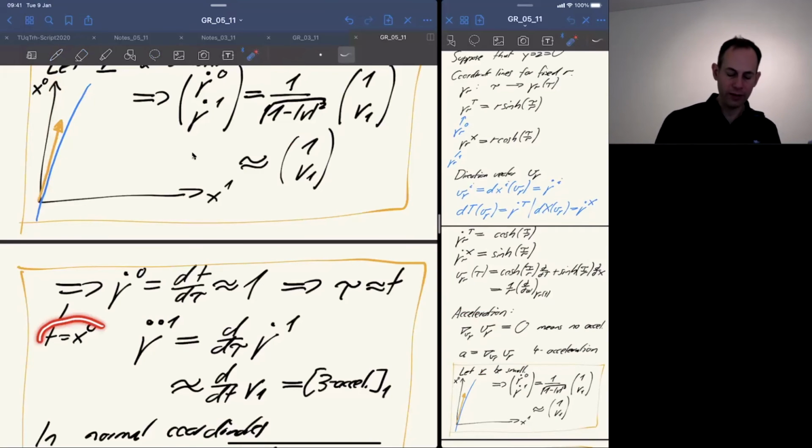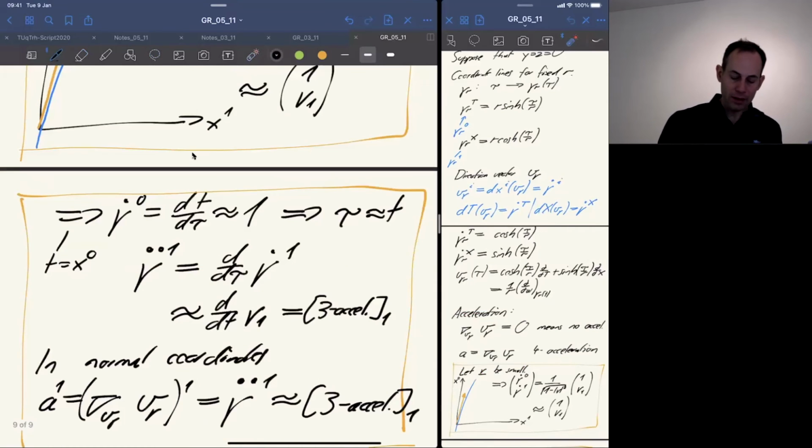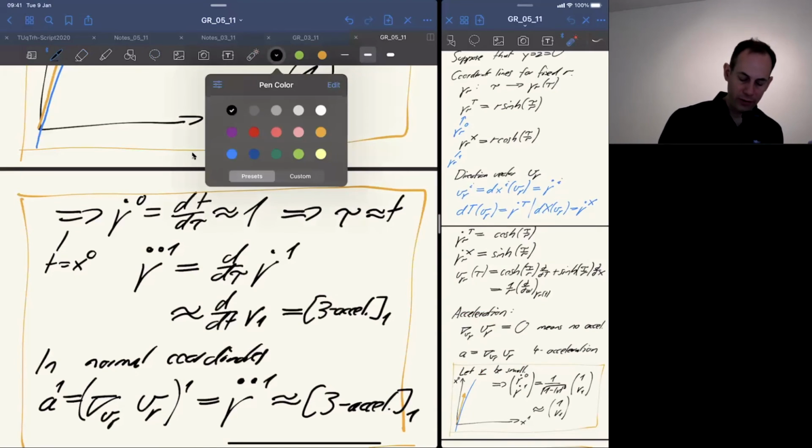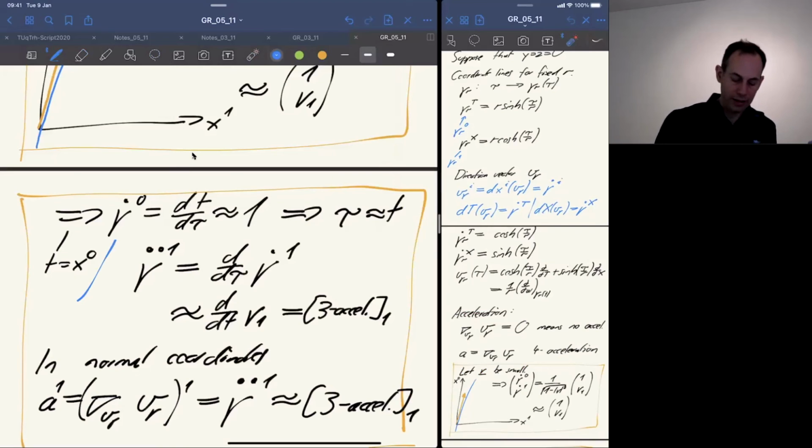So I use this, and now I additionally use the fact that what gamma dot 0 means, as I already maybe indicated before, what this really means is actually the dx0 component of the velocity vector, or of gamma, if you like, of the gamma vector.